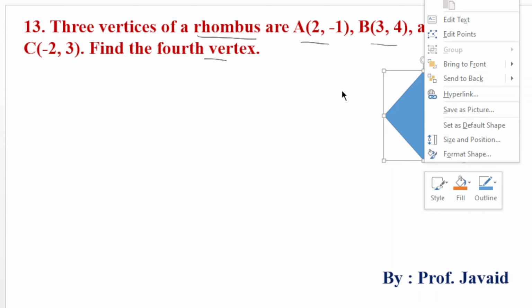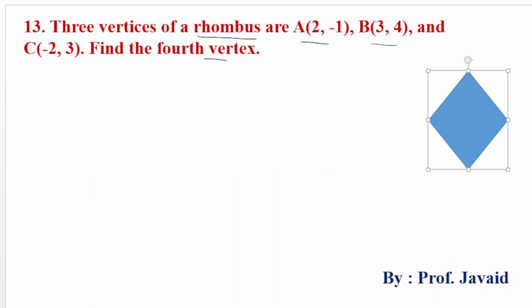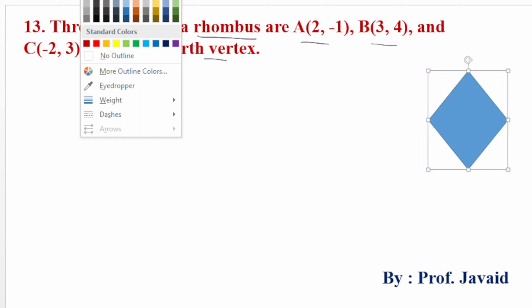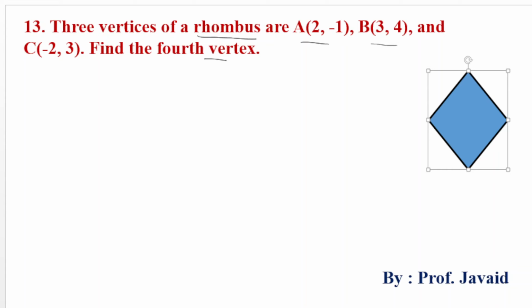If you see that, it's basically a rhombus. Let me make it more clear. For this purpose, we have to write the names.